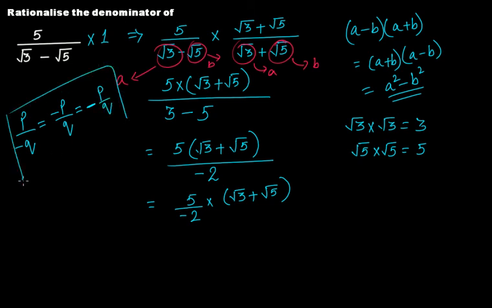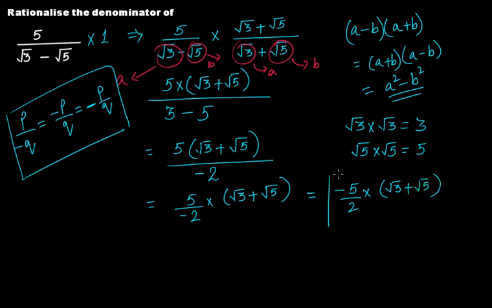We discussed all these things when we were learning about rational numbers. So from here we can write this as minus 5 by 2 multiplied by root 3 plus root 5.